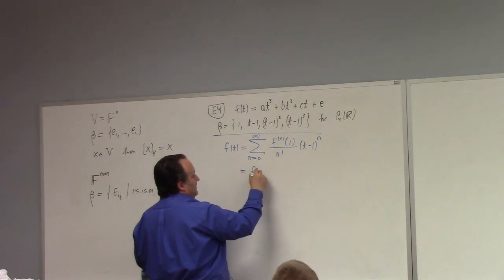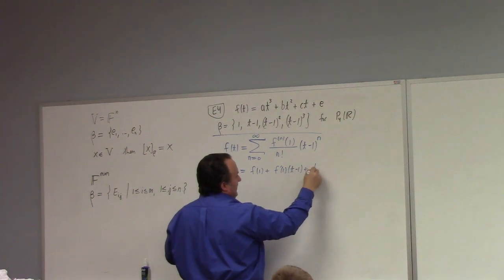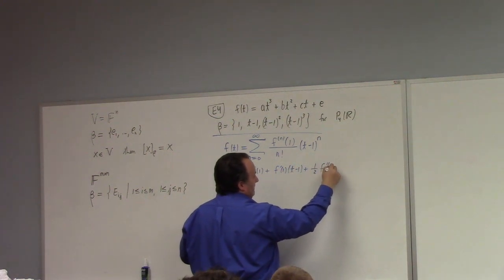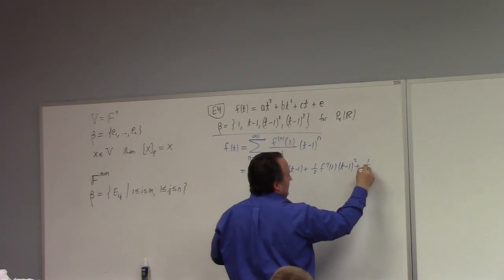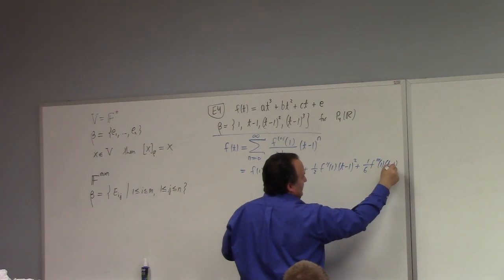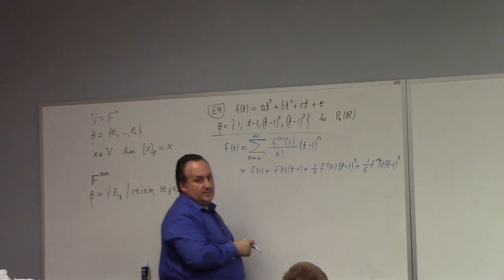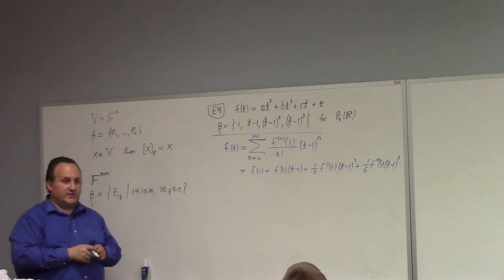Specifically, that's f(1) plus f'(1) times (t minus 1) plus 1/2 f''(1) times (t minus 1) squared plus 1/6 the third derivative of f evaluated at 1 times (t minus 1) cubed. So all I need to do is calculate those derivatives, plug in 1, and I've got the coordinates.